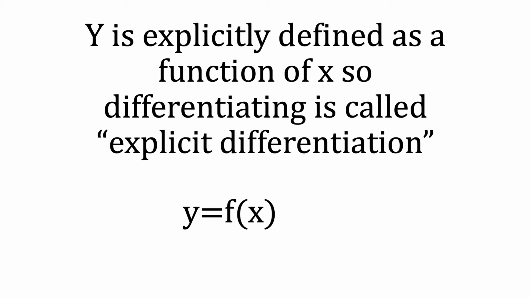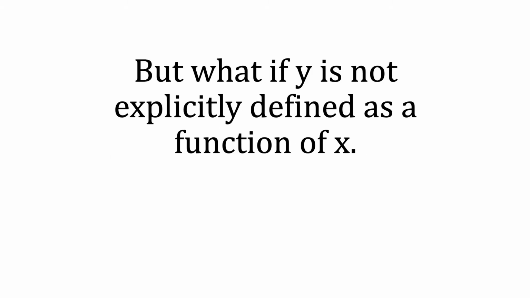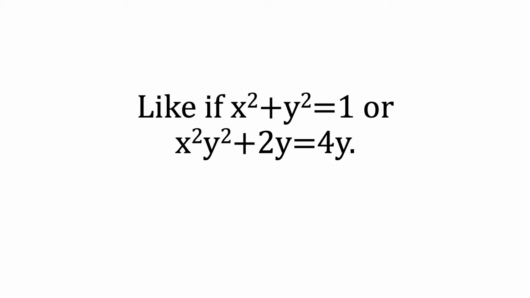For y equals f of x, y is explicitly defined as a function of x, so differentiating is called explicit differentiation. But what if y is not explicitly defined as a function of x? Like if x squared plus y squared equals 1, or x squared times y squared plus 2y equals 4y.